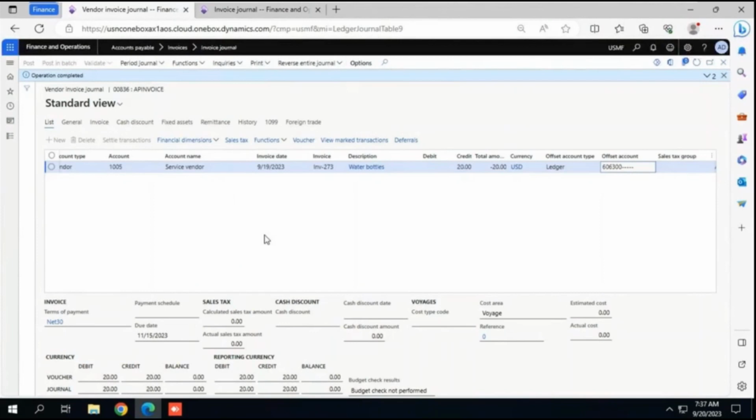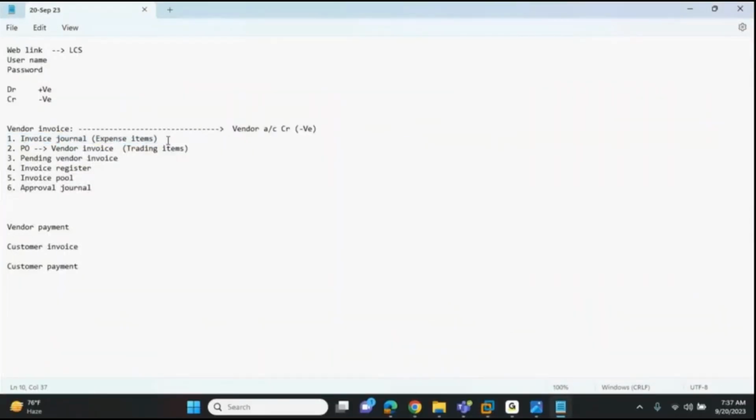Tissue papers, sanitary items. I need to arrange these facilities for my employees to run my business. Those are expense items. So if you are purchasing expense items, at that time the vendor account will be credited because I need to pay money to the vendor. If it is a vendor payment, then our cash balance or bank balance will be decreased.